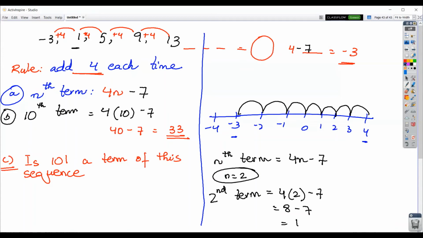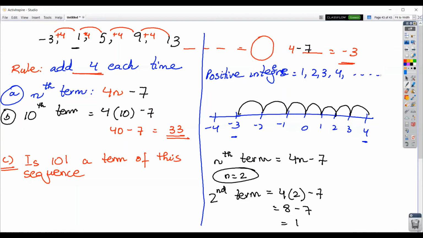So whenever we are having the nth term, n is always a positive integer. When I say positive integers, it means the n values must be 1, 2, 3, 4, and so on.